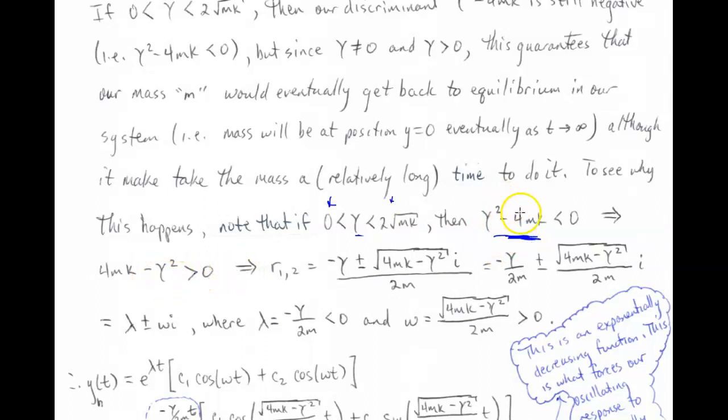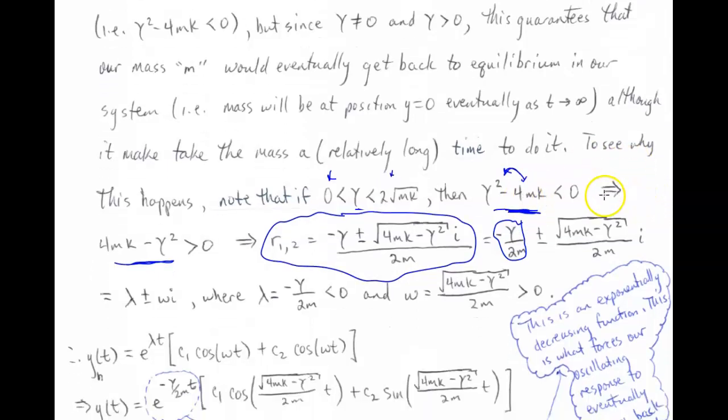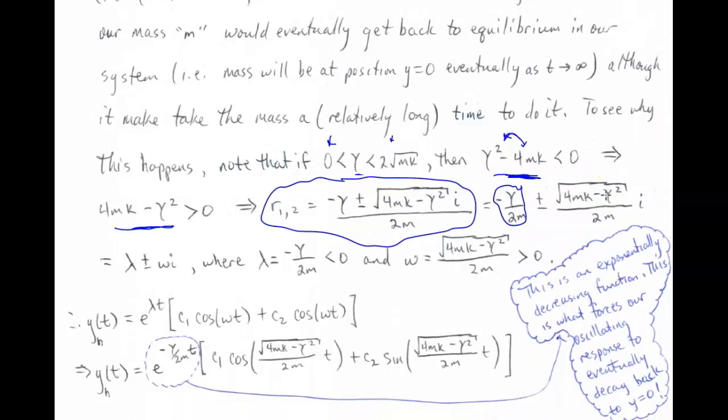If I flip these two expressions around, then this expression will be positive, and we could express our roots this way. All this is saying is that our roots are going to be complex again, but we have this part. In other words, we have a real part to our complex roots, whereas before we didn't.